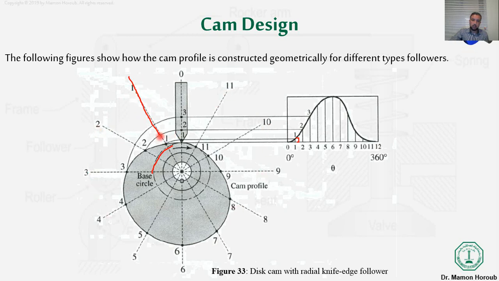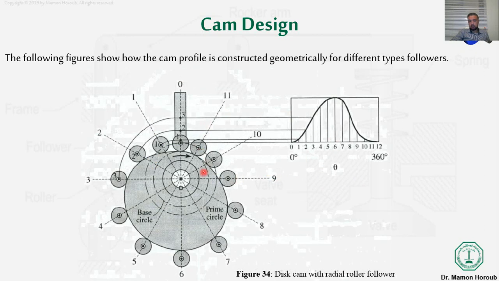In the first step, the distance between the head of the follower and the base circle should be the same as this distance in the displacement diagram. We'll discuss this inshallah further in an example later on.